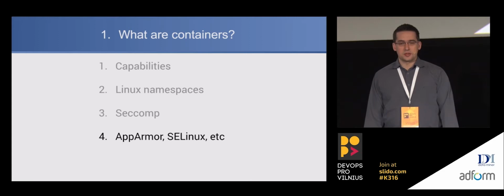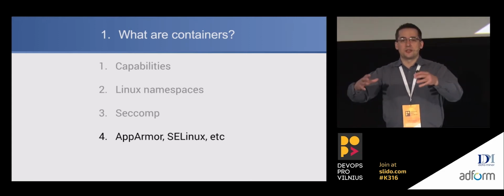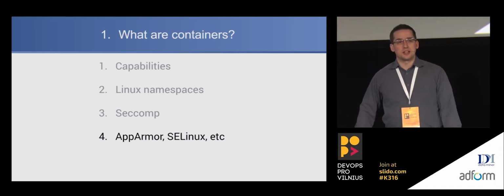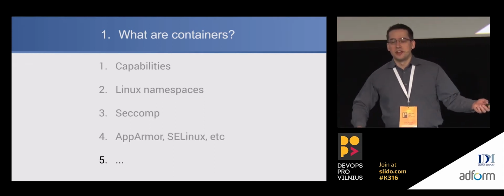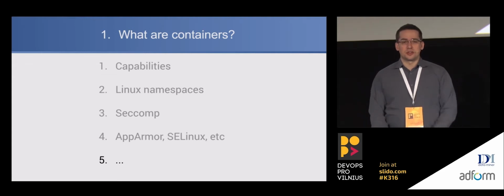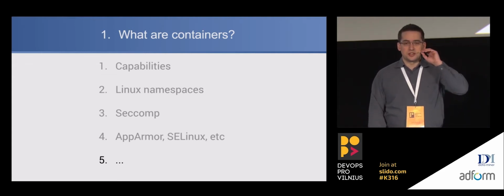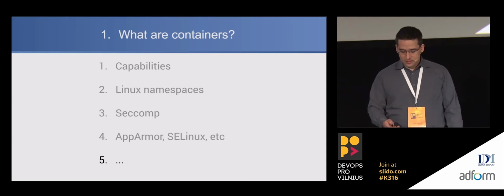And there is a bunch of other technologies like AppArmor, SELinux that help jail the container, the process running inside the container, for example, to prevent a container from restarting the host operating system. That would be really bad. And of course, there's a bunch of other stuff, things that people have put into the Linux kernel to make it easier to separate environments.